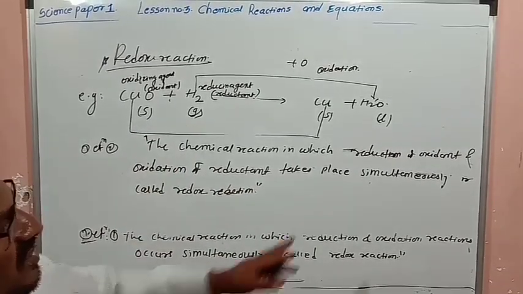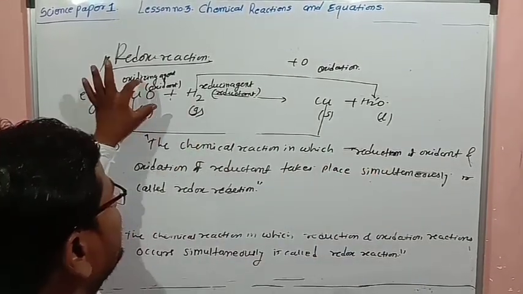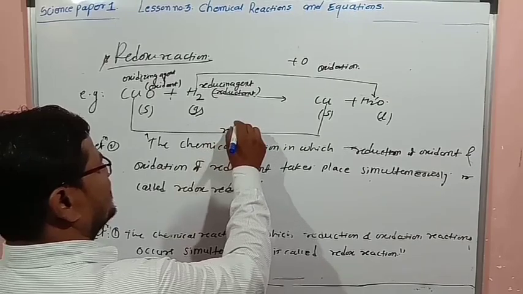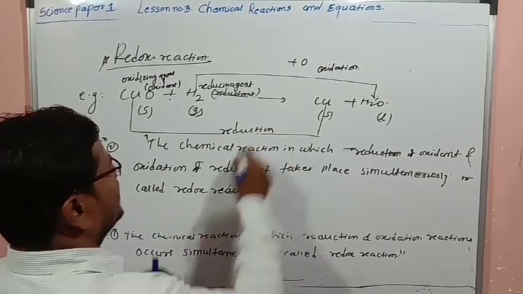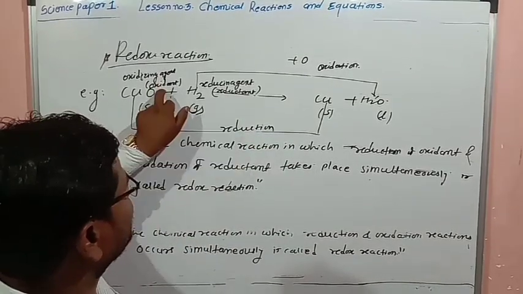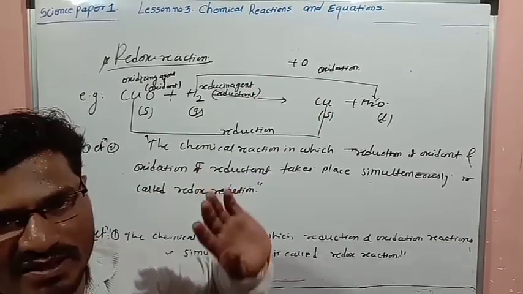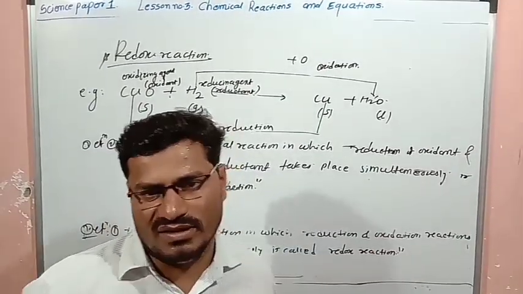The chemical reaction in which reduction of the oxidant takes place, and oxidation of the reductant takes place, is called a redox reaction.